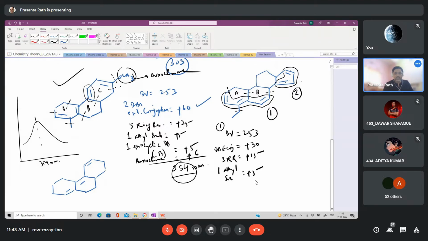And exocyclic double bond: if you consider the A B ring, this exocyclic double bond is with respect to B, so one exocyclic double bond with respect to B, that is plus 5. So you can add it.